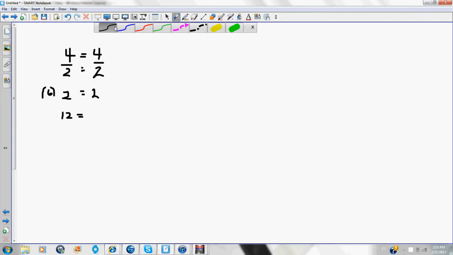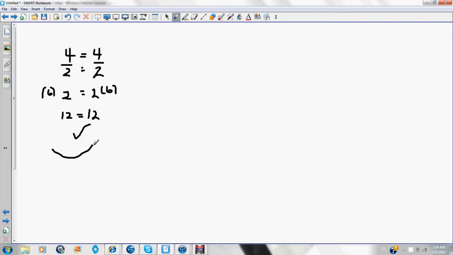And let's go back and do times 6 on this side as well. So now we've done times 6 on the left side and times 6 on the right side. 6 times 2 is 12. And we come up with 12 equals 12, which is a true statement, which always makes us happy.